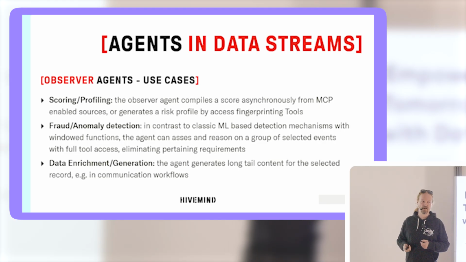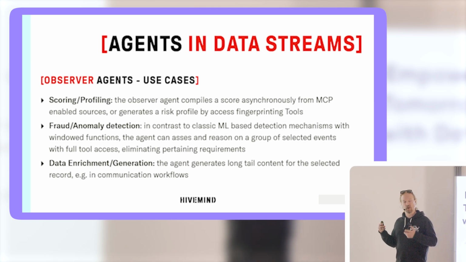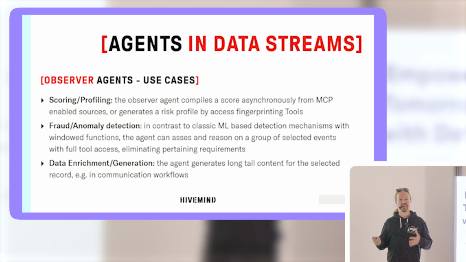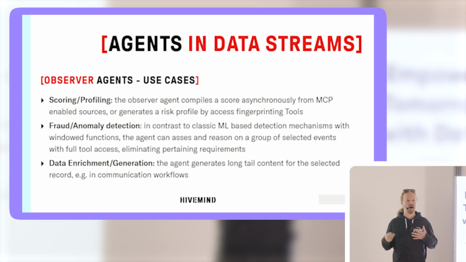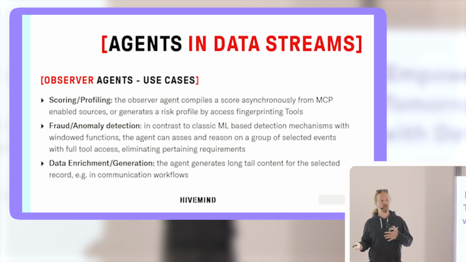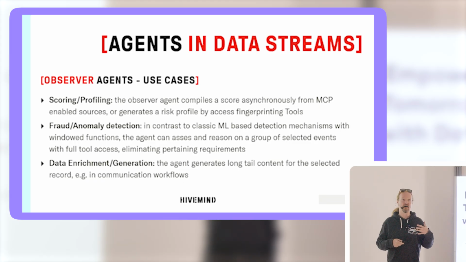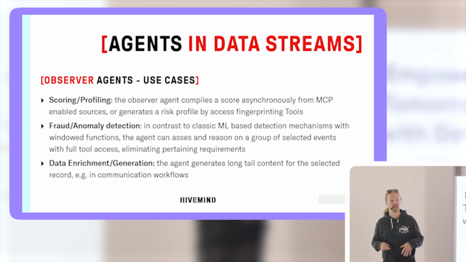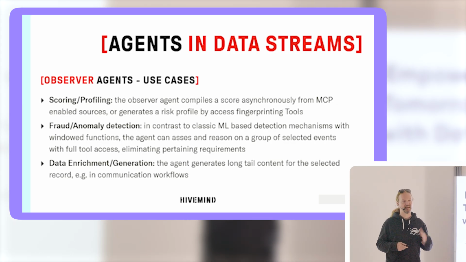Or, as I said earlier, data enrichment generation, where you basically have a core data set and you want to create or generate text around that core data set for further enrichment or usage in other applications. Let's say when we're looking at generating text for human consumption, like contracts or outgoing emails, letters, etc.